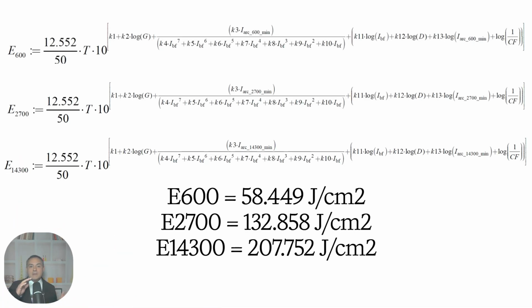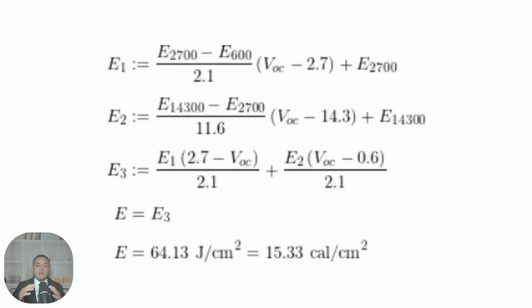When we plug those values in, we get 58.449 joules per centimeter squared for the new E600, 132.858 joules per centimeter squared for the new E2700, and 207.752 joules per centimeter squared for the new E14300. We then need to interpolate as we did before. That computes to 64.13 joules per centimeter squared, or 15.33 calories per centimeter squared.